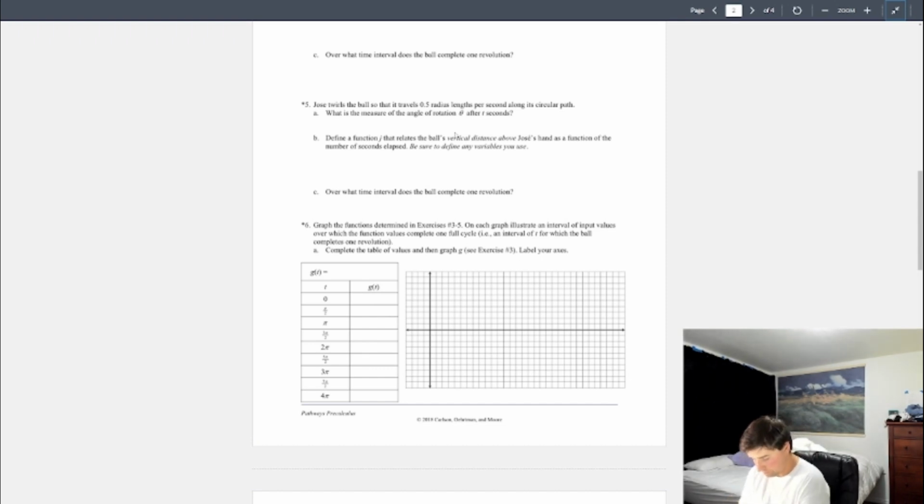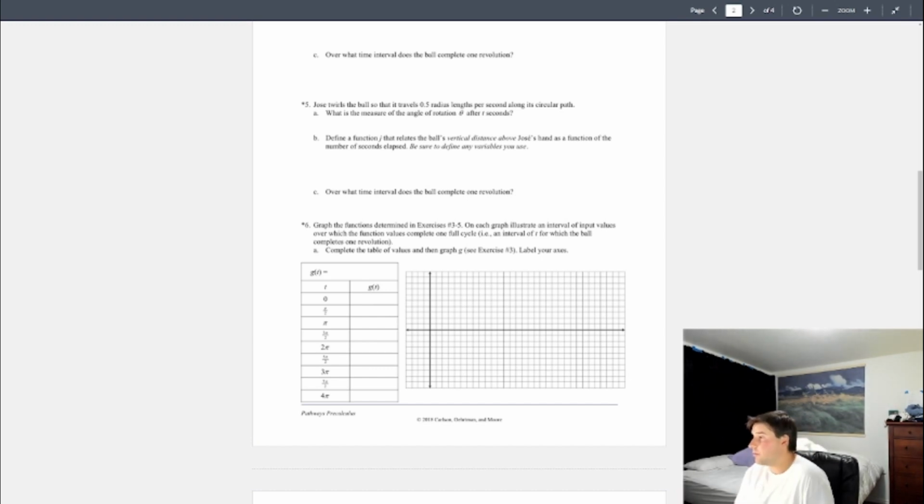Okay. Over what time interval does the ball complete its revolution? 6.28 times 2, 12.56. Well, it's 12.56 seconds. It says time interval, so 0 to 12.56 seconds.